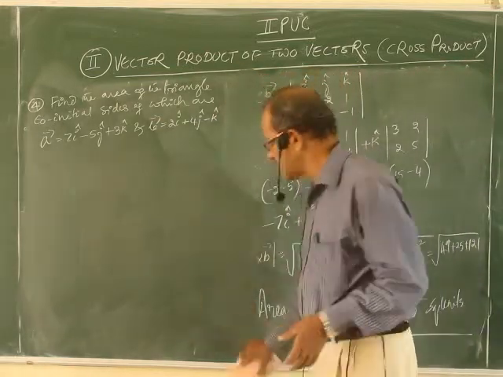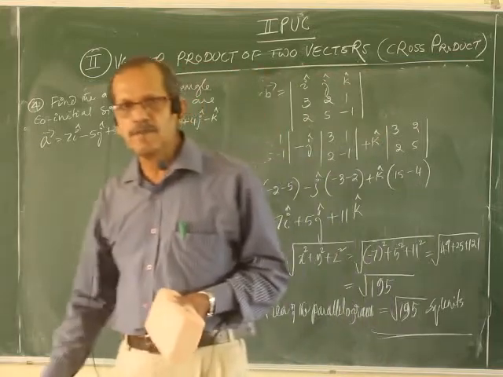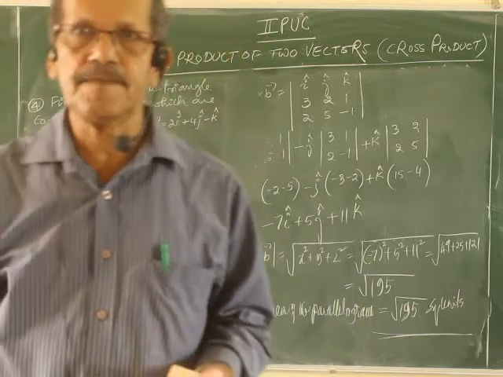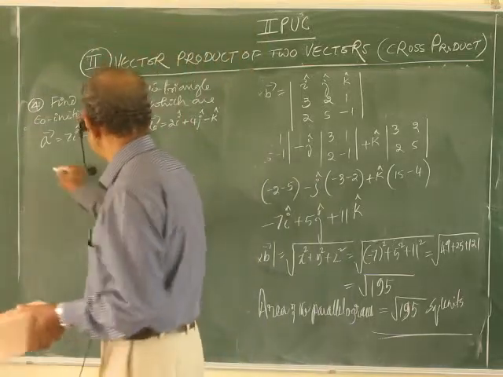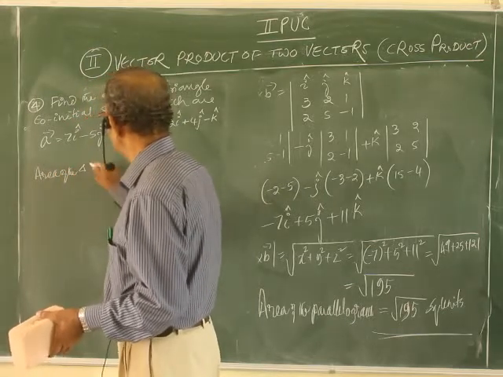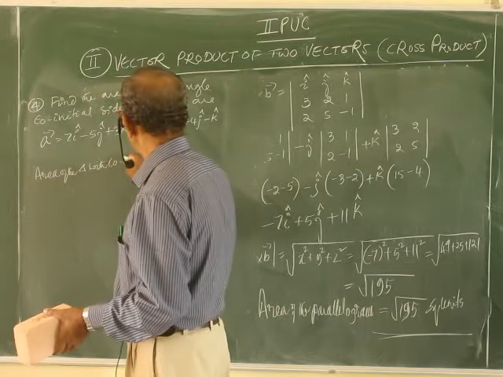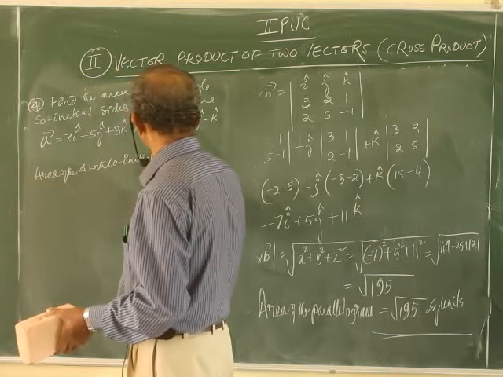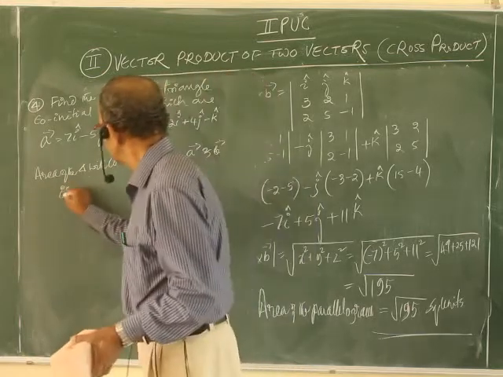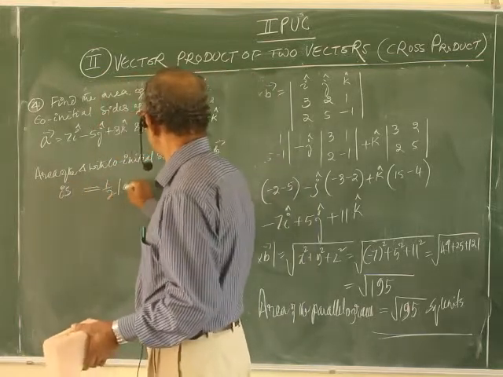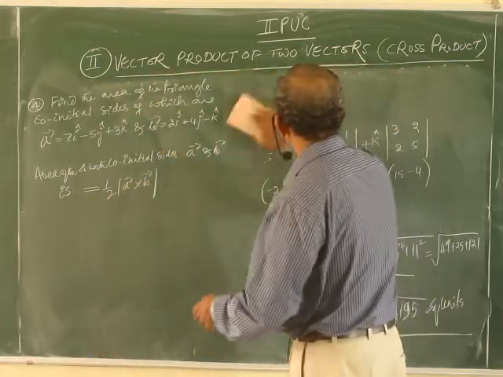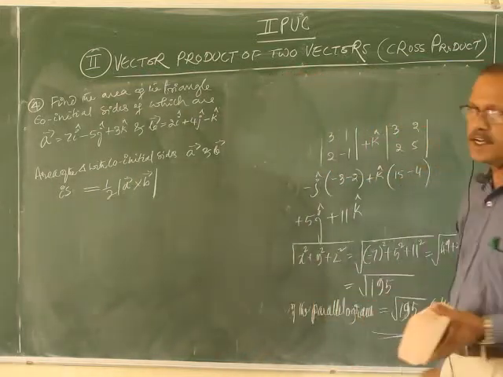It is the same procedure. Find A cross B, modulus of A cross B, half of that is the area of the triangle. So the area of the triangle with co-initial sides A and B is half into mod A cross B. Half of the area of the parallelogram is the area of the triangle, that's all.